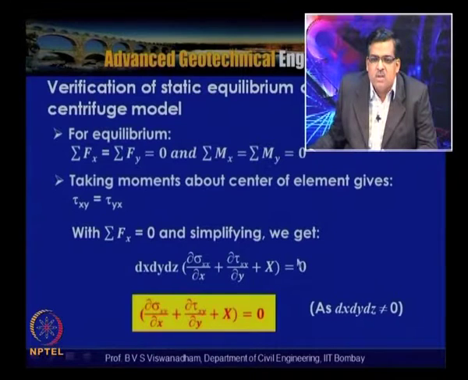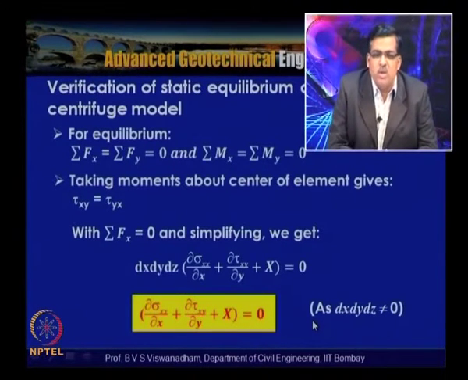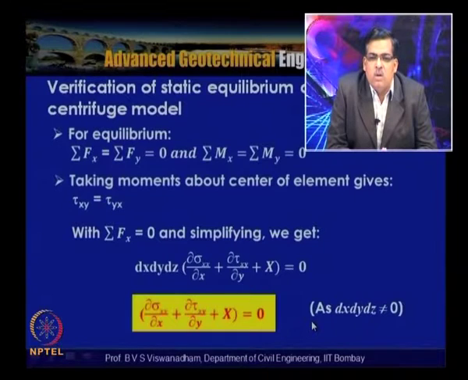Because the volume of the element dx dy dz cannot be equal to 0, this is the equilibrium equation in the x direction: dou sigma xx by dou x plus dou tau xy by dou y plus X is equal to 0.